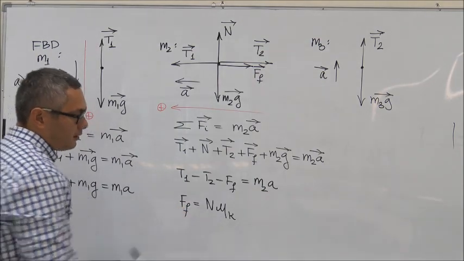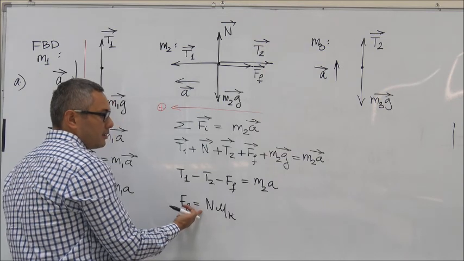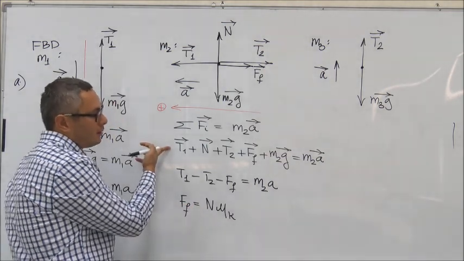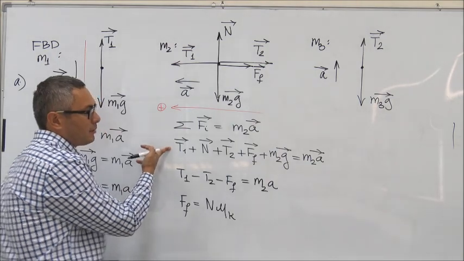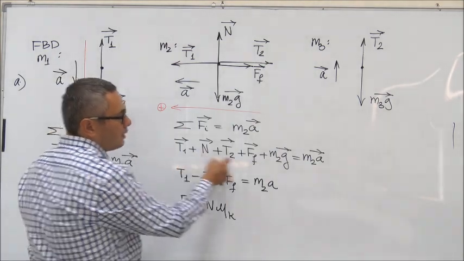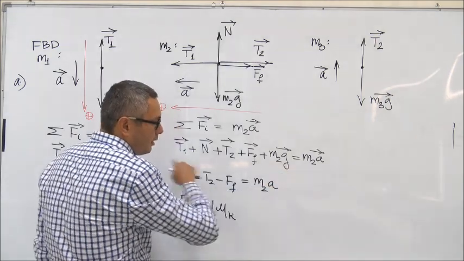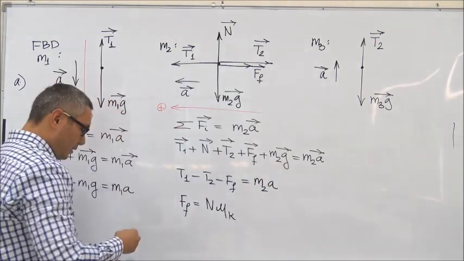The normal force happens to be equal to mg, and it actually follows from the vertical components of Newton's second law. Remember, we've ignored normal and m2g when we were looking at the horizontal component.